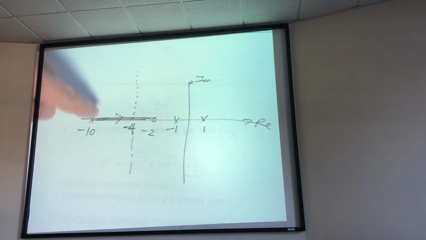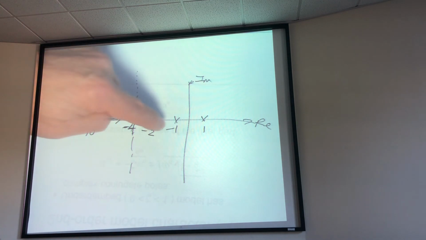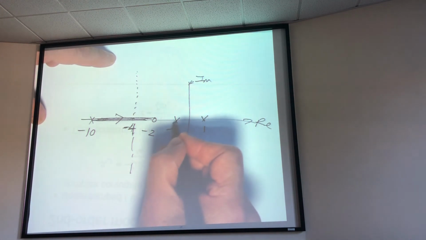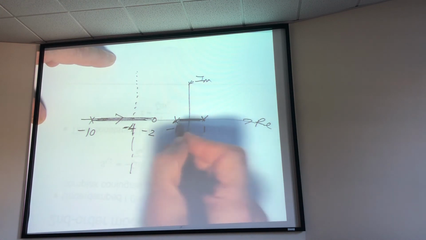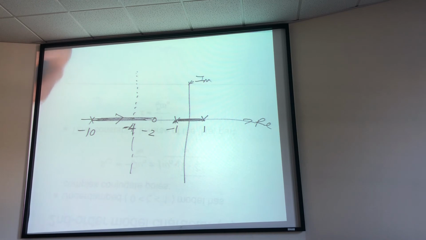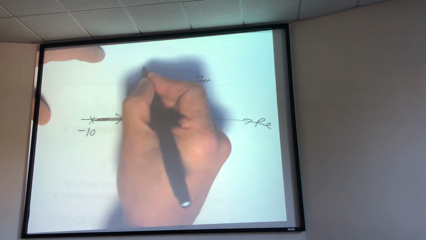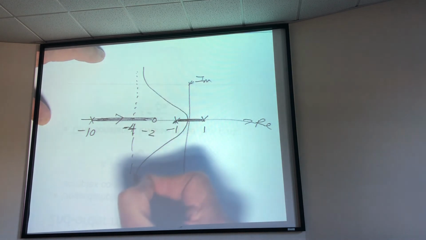As K increases, one of the closed loop poles will lie somewhere between -2 and -10. The other 2 closed loop poles will be somewhere in between here when the gain is small. But when the gain is large, it's going to do something like this.